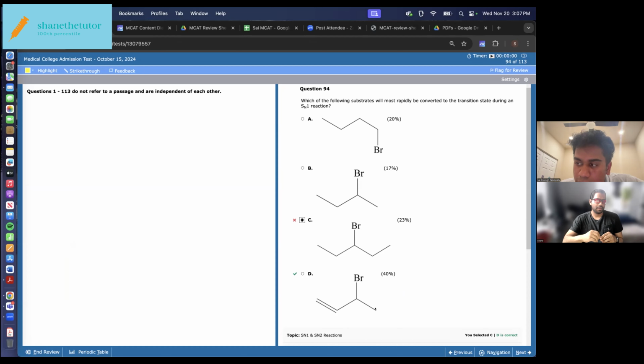It's a two-step pathway. The nucleophile can't just attack; it has to wait for the leaving group to leave first. Then the carbocation forms and the nucleophile attacks.